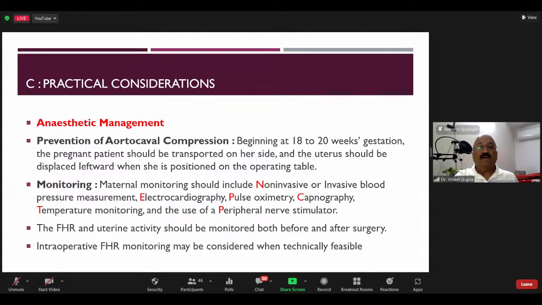Then monitoring. Usually, maternal monitoring should include non-invasive or invasive BP, ECG, pulse oximetry, capnography, temperature monitoring, and use of a peripheral nerve stimulator. The fetal heart rate and uterine activity should be monitored both before and after the surgery. Intraoperative FHR monitoring may be considered when technically feasible.